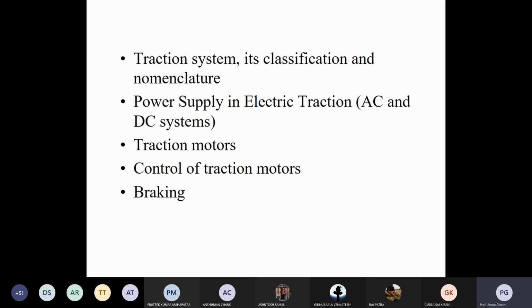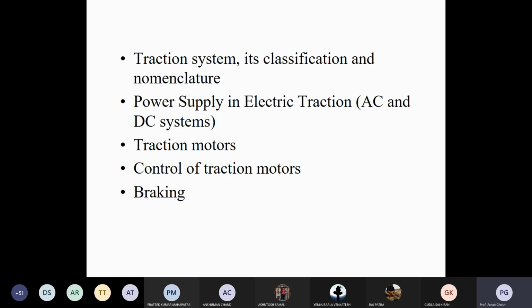In terms of structure, load carrying capability and machines, EMUs are quite different from normal goods carrier locomotives and mail train locomotives.